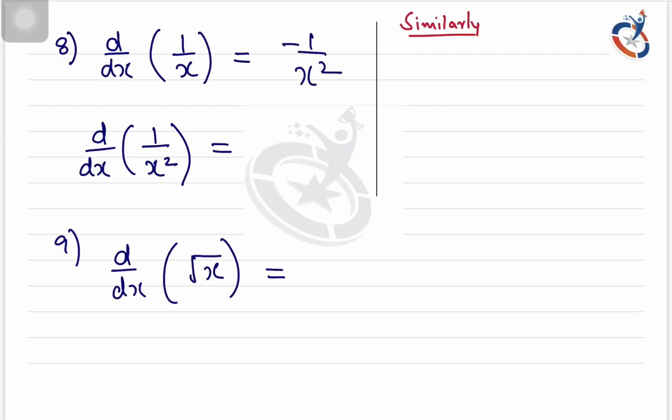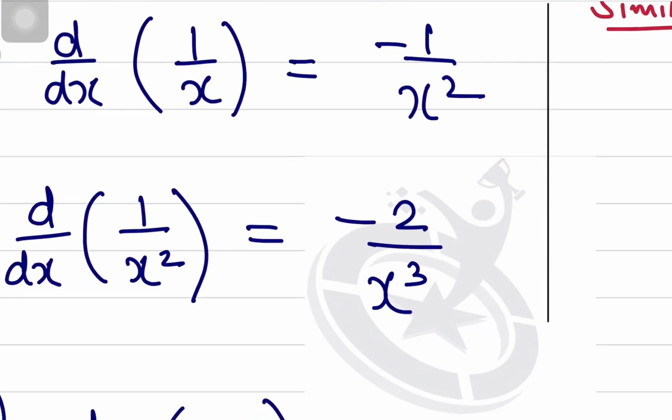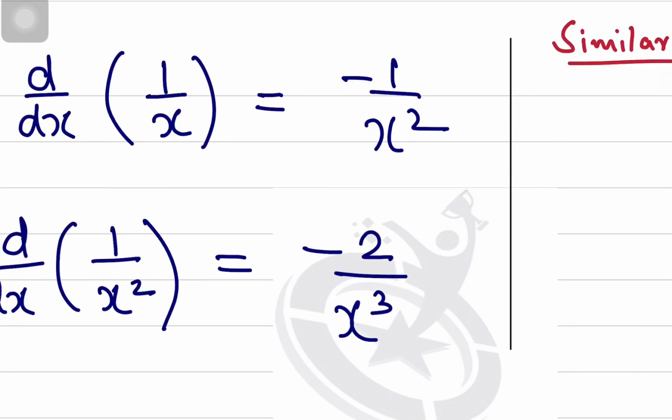If you have 1 upon x square, then the derivative is minus 2 upon x cube. I repeat again, the derivative of 1 by x is minus 1 by x square. If you have x raised to 2, this becomes minus 2 upon x raised to 3.